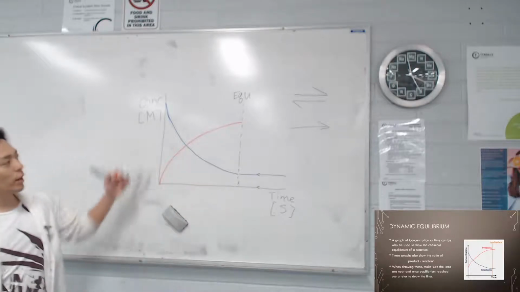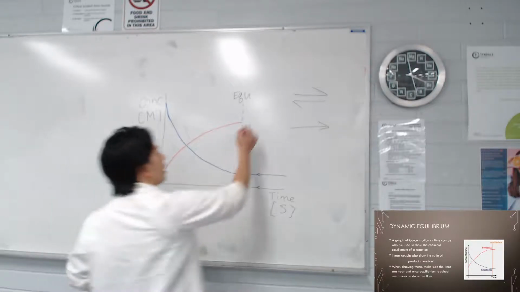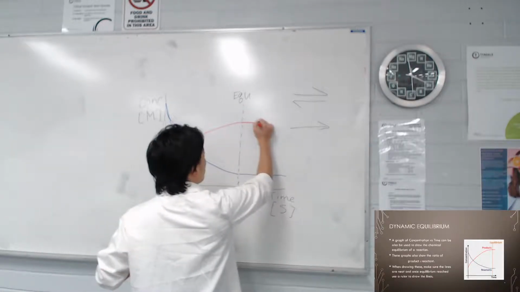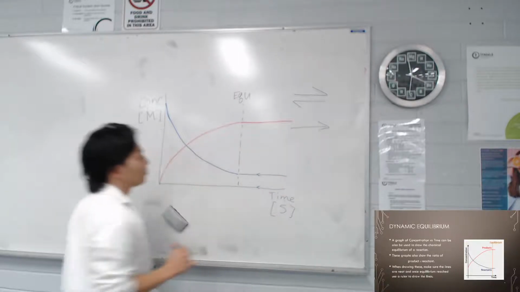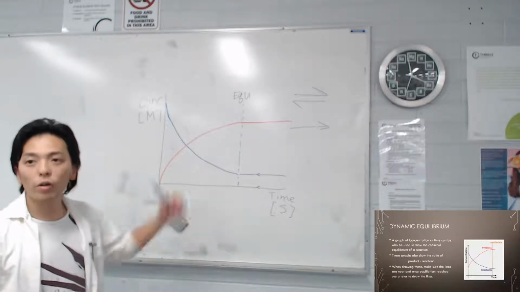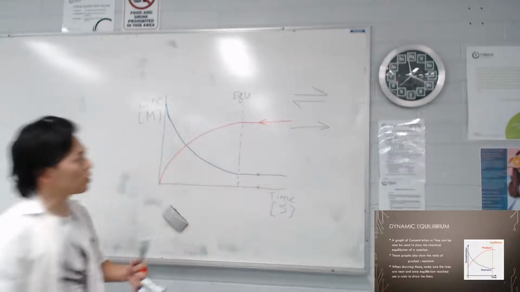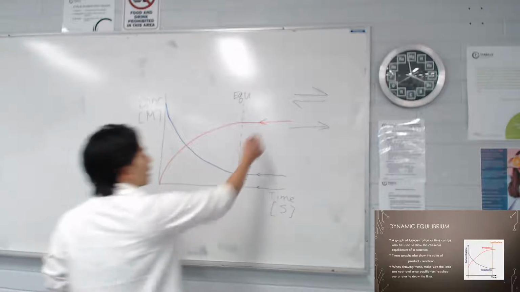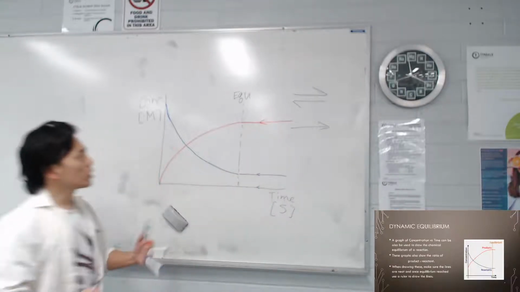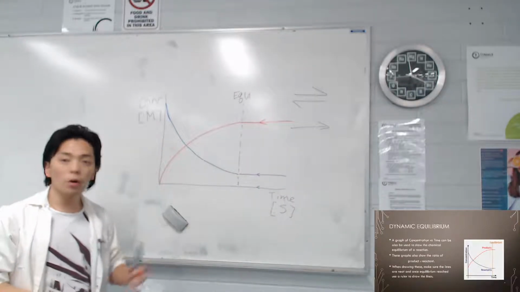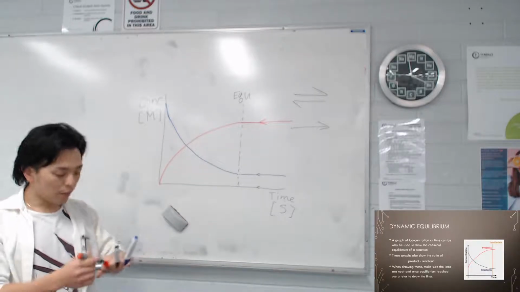So same sort of rate, things appear and are being formed, but at equilibrium, I try to draw it as a parallel to the x-axis. They're all parallel here because there is no change in concentration anymore after equilibrium has been reached.